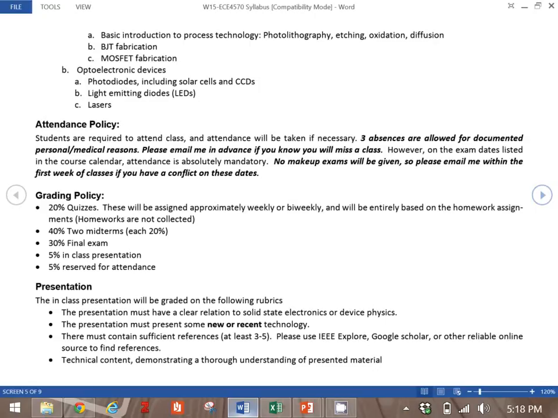The reason for this is because I've found that students who just look at the solutions right away always end up doing poorly on the exams, and they always tell me later, well, when I did the homeworks, they seemed really easy. They seemed fine. And I always ask them, did you look at the solutions at the beginning? Did you just follow the solutions to do the homework assignment? And they always say yes.